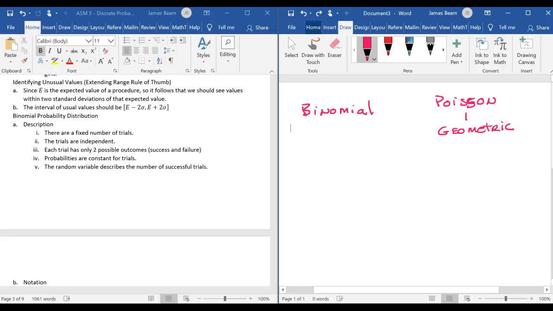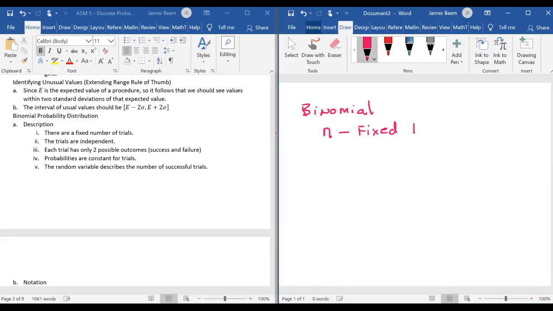The binomial distribution has certain characteristics. It has a fixed number of trials. So you're going to do a procedure a fixed number of times, 10 times, 100 times, but it's going to be finite. We're going to call that n. N is the fixed number of trials. Now, there are certain characteristics that those trials have to have.